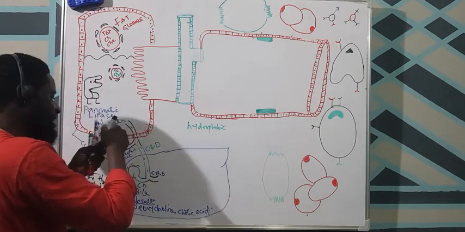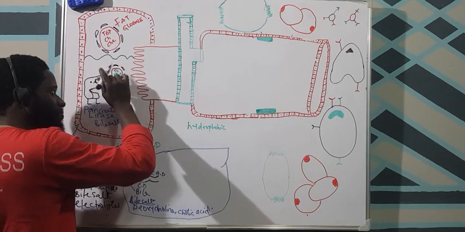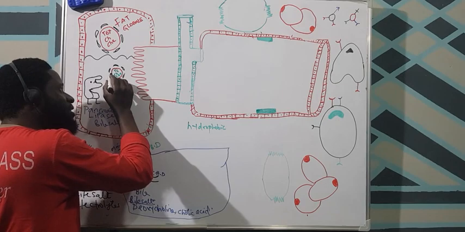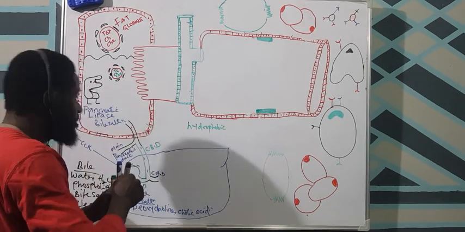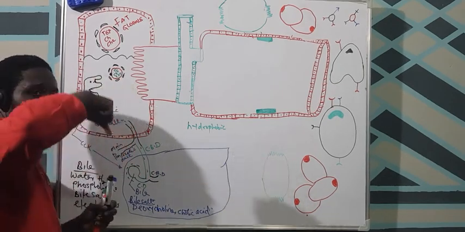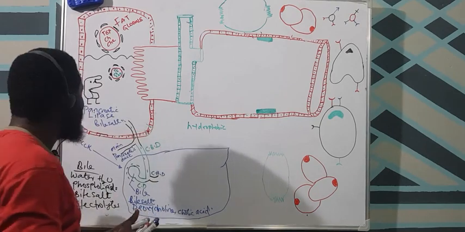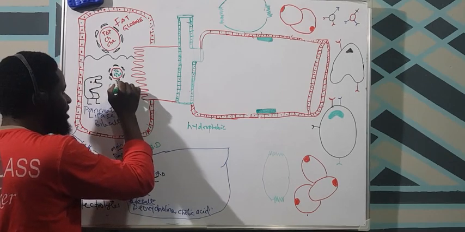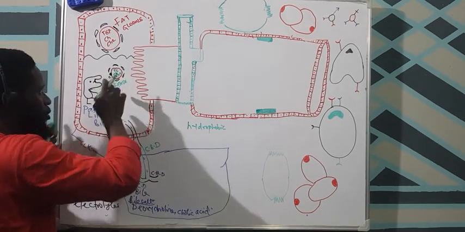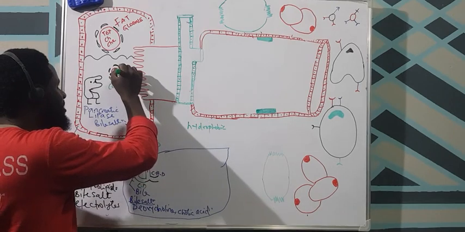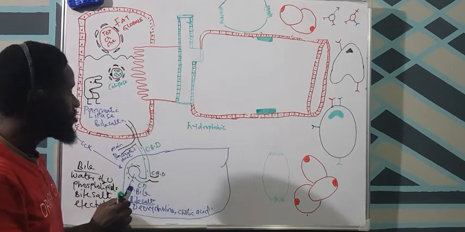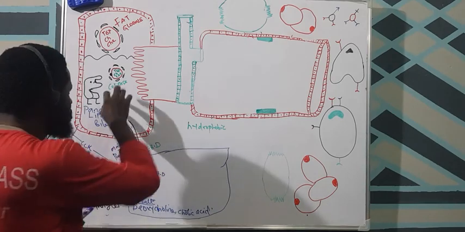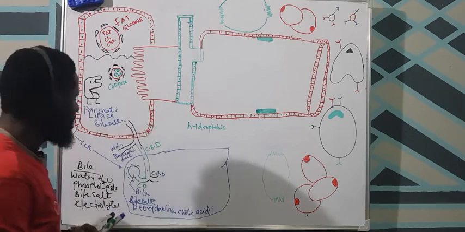So it binds to this particular portion on the body of the emulsion droplet called co-lipase. So the pancreatic lipase binds to co-lipase and does the breakdown of this emulsion droplet into smaller sheathings.